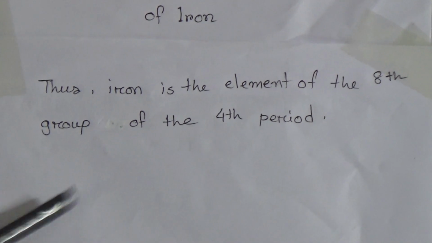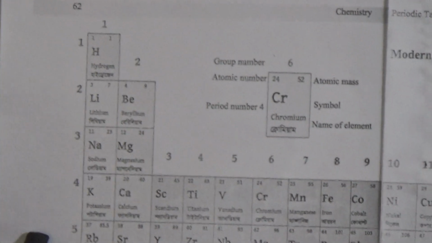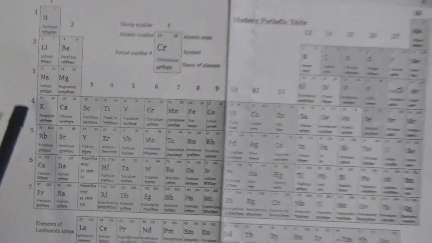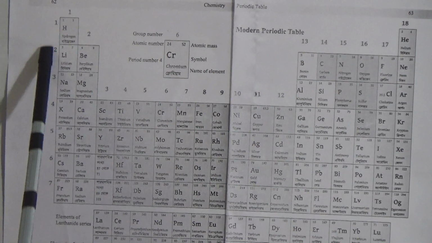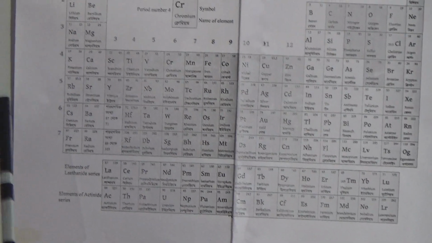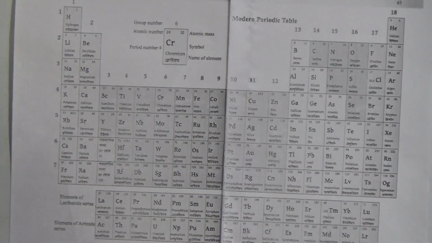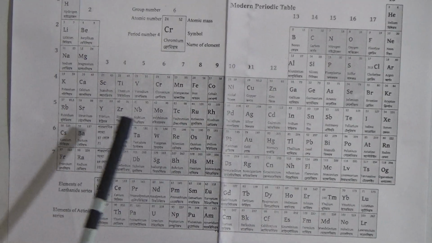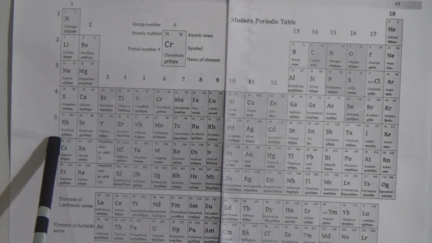Now come to the periodic table. You have to make that periodic table by yourself to submit along with your assignment. In your book it is given on pages 62 and 63. By following this you have to make the periodic table. Another thing, you have to recognize iron's position.